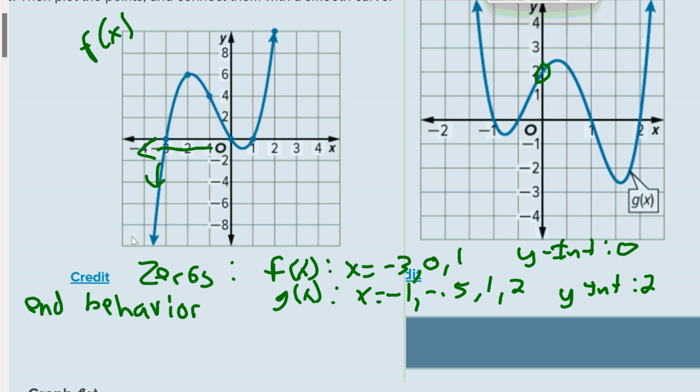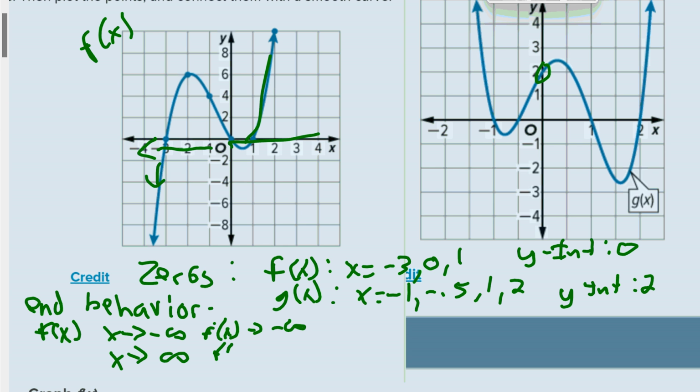All right, so end behavior of f of x. As x goes to -infinity, my graph goes down, so f of x goes to -infinity. And as x gets bigger and bigger, as I go this way, my graph goes up, so f of x goes to infinity. Then I can look at g of x.